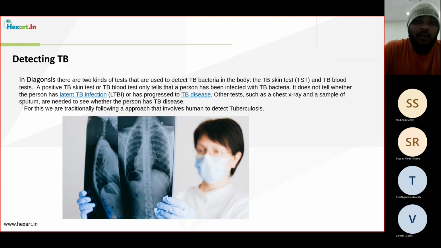For detecting TB, there are a few methods. The first method uses a blood sample, and the other detection is through the skin, which is used to detect latent TB.